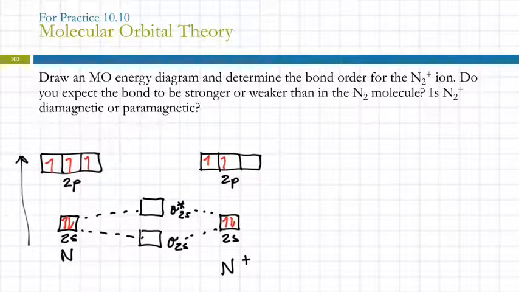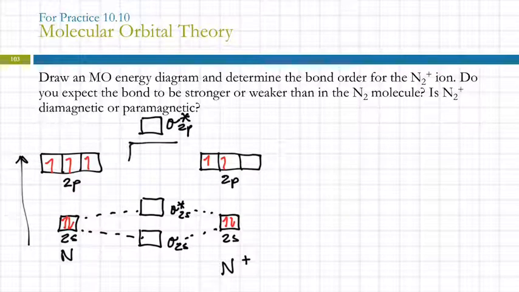And then the p's get a little more complicated. The sigma star 2p orbital is going to be highest, then we have the pi star 2p orbital. And then it's those two in the middle that we have to think about the order.